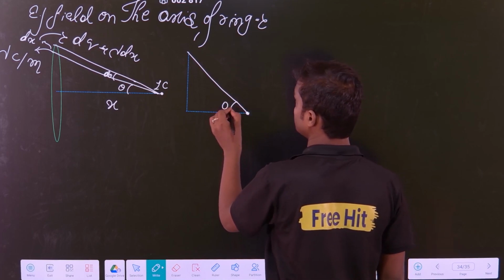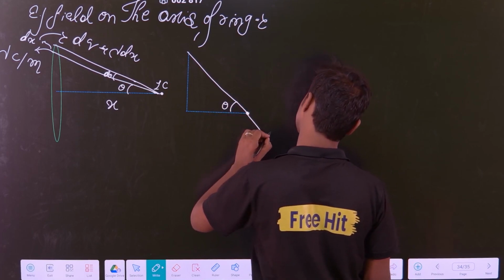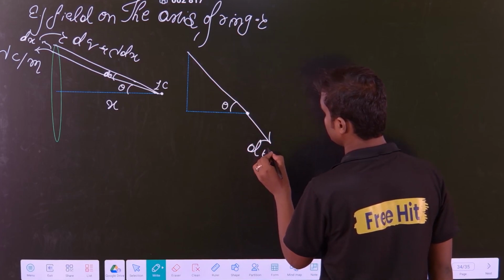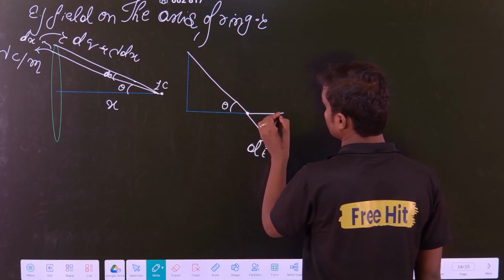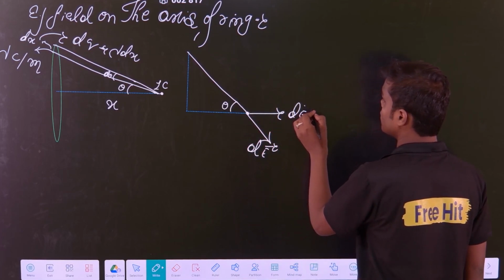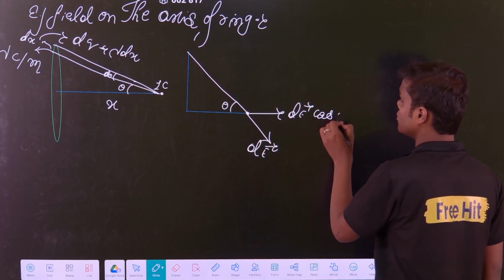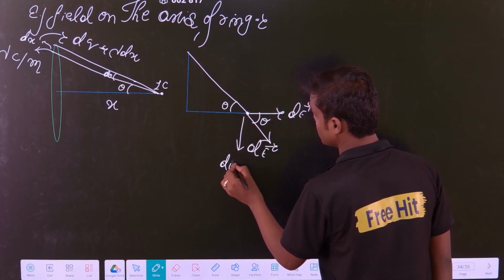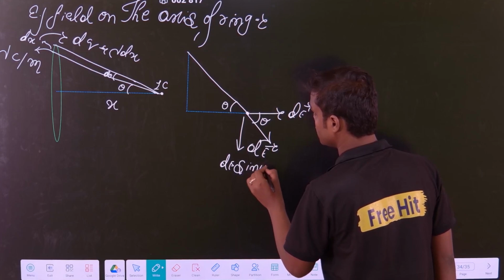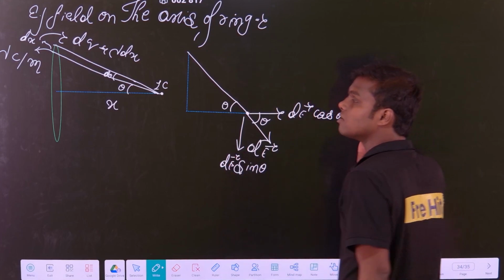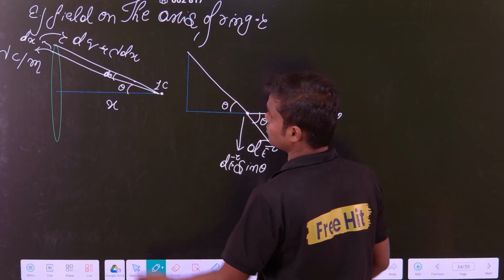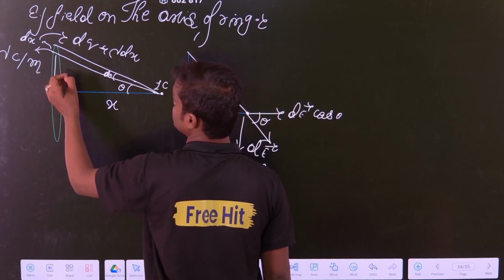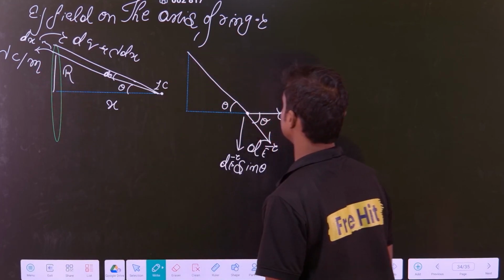This angle is theta, so the field dE will be in this direction, correct? From here we will get dE cos theta. This is also theta, this is dE sin theta, correct? And the radius is also given. Treat the radius as r. So what is this distance?